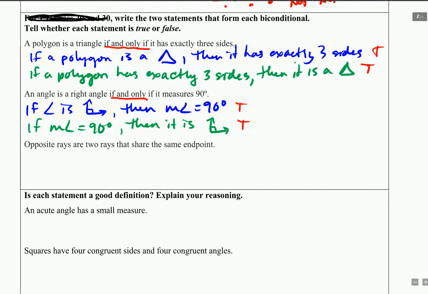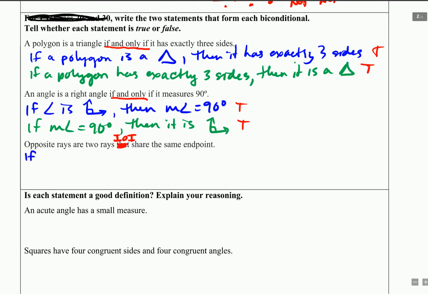All right. I got a little typo going on here. So we could put in an if and only if right there. So two rays are opposite rays if and only if they share the same endpoint.